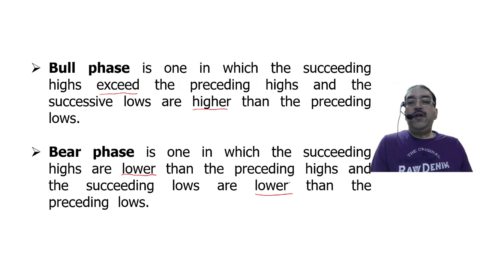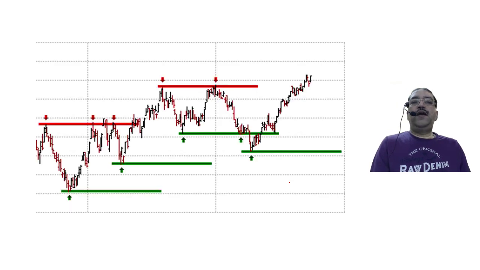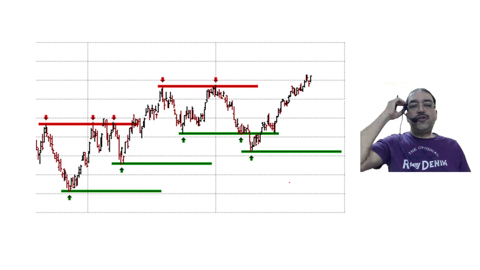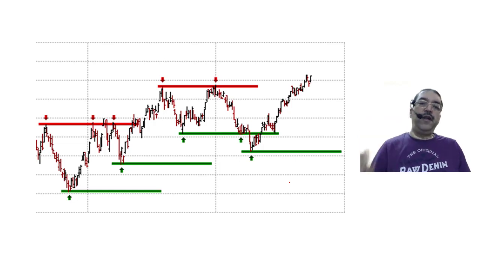So now let us come to the first diagram, where lines were drawn for the highs and for the lows. I take that particular part separately and see how it is to be interpreted. Let us see how to interpret certain things in that diagram.